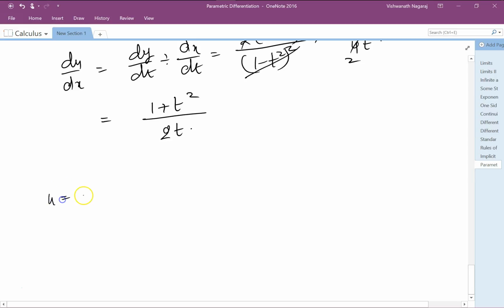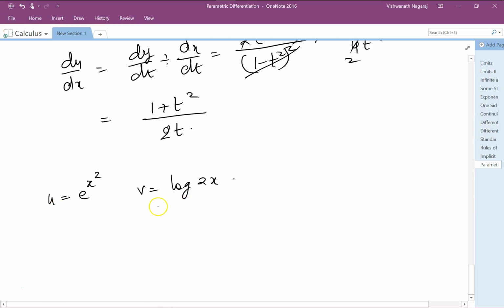Let's say u is equal to e to the power of x square and v is equal to log 2x. So here u is a function of x, v is a function of x. So we have to differentiate e to the x square with respect to log 2x. So we have to differentiate u with respect to v.